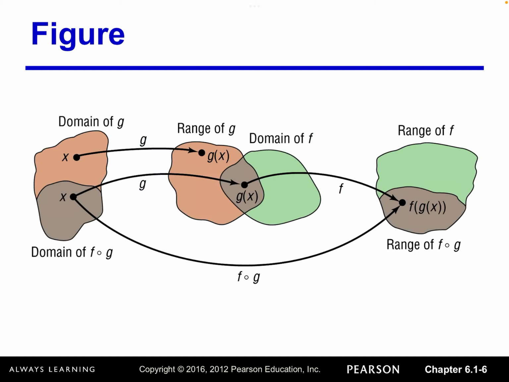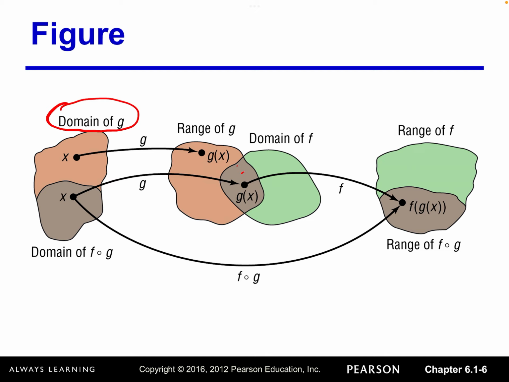I skipped one slide. The previous slide talks about the same thing, but from the perspective of domain and range. So this is the domain of the inner function g of x. Through the mapping, we get the range of g of x. The range, which is the output of g of x, serves as the input of the other function f of x, the outer function.